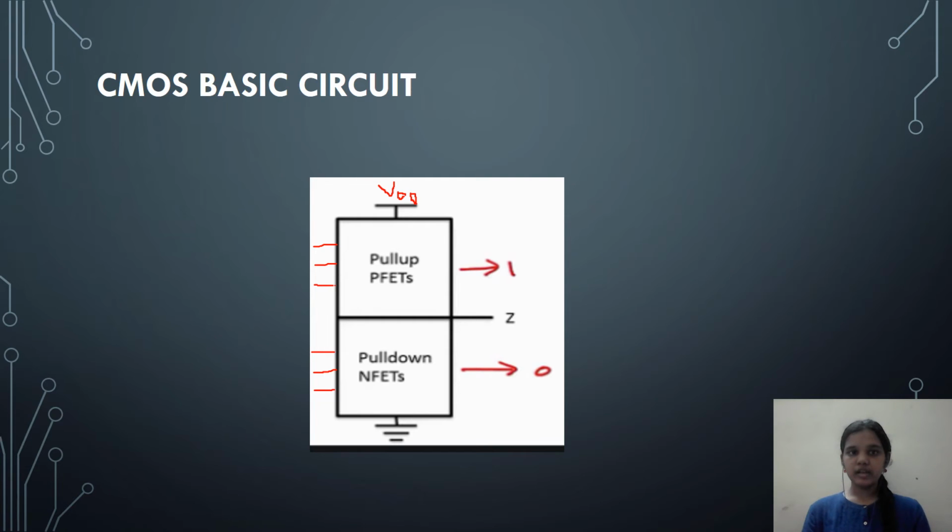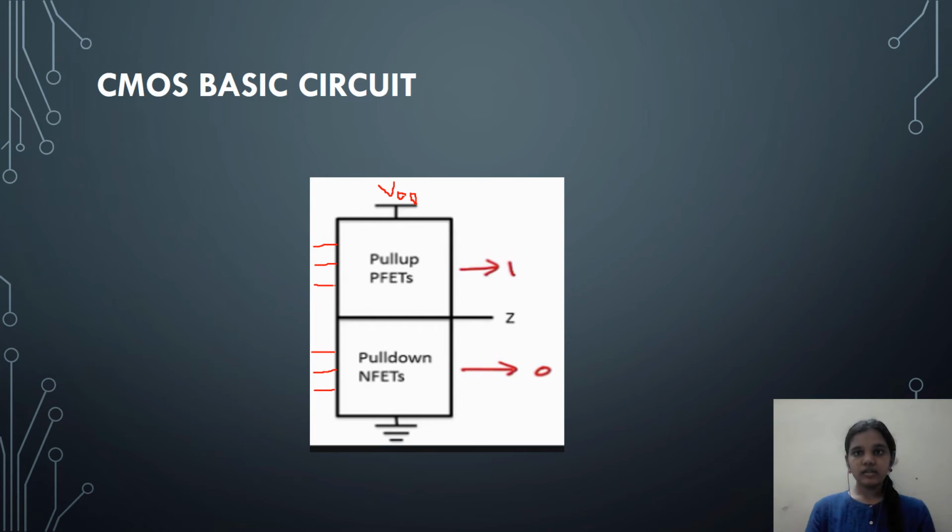Here there are many inputs connected to the P MOSFETs. After that pull-up network, there is a pull-down network. It is made up of N MOSFETs. There are many inputs. The pull-down network we will connect to ground. In between the pull-up and pull-down network, there is an output Z.